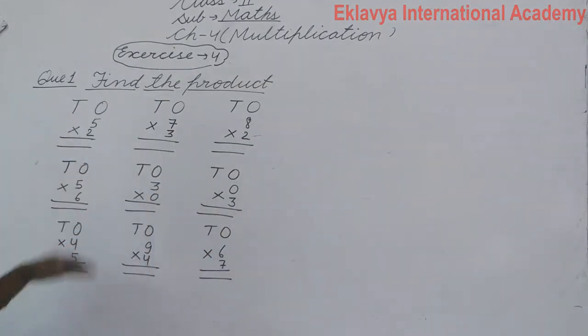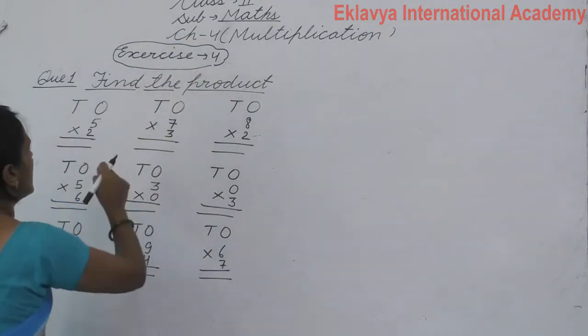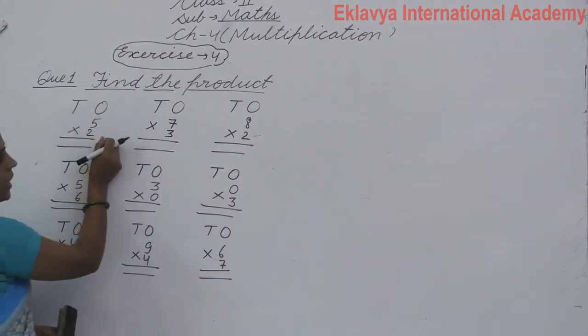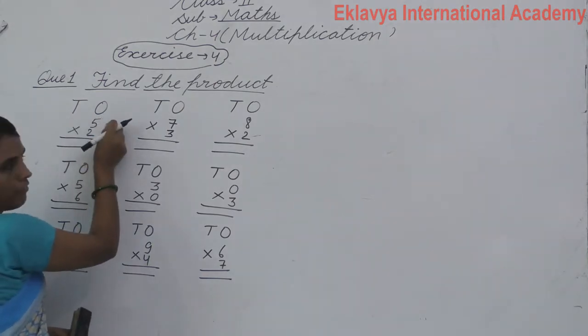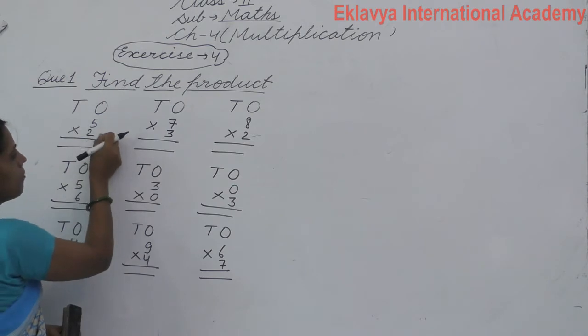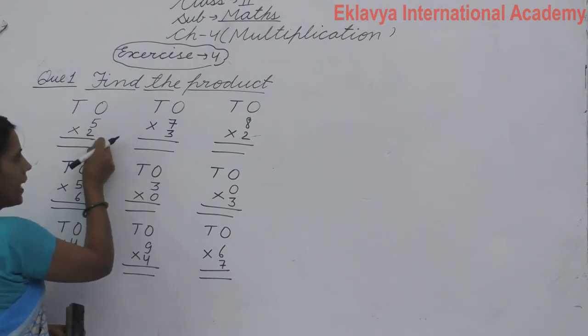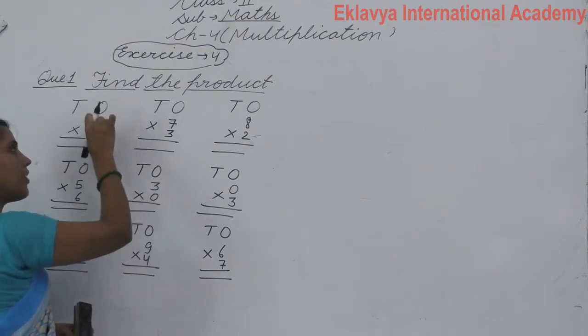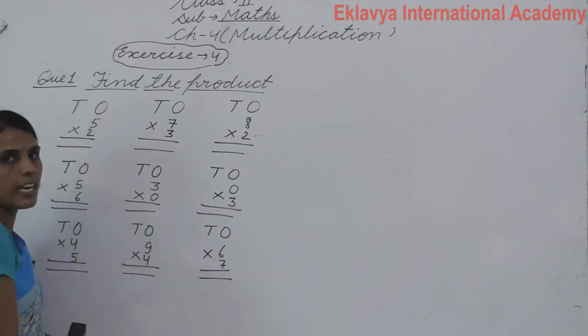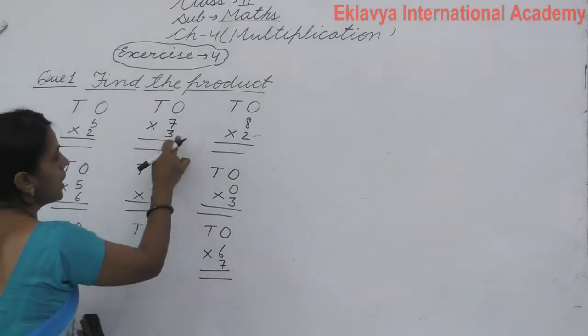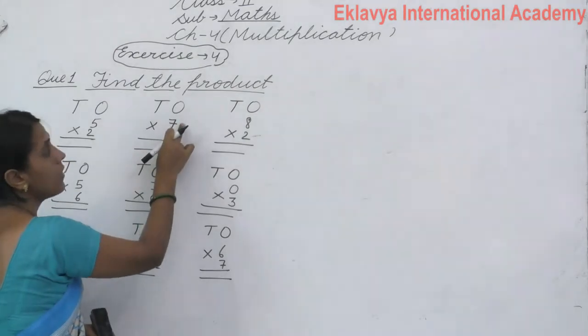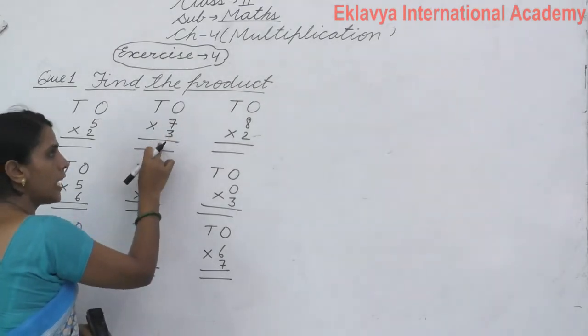Now we will discuss exercise 4. Yes, listen. We will speak table of 2 till 5. Yes, 2 5s are 10 and you can speak table of 5 till 2. Your answer is 10. Next, you will speak table of 3 till 7. Yes, your answer is 21.